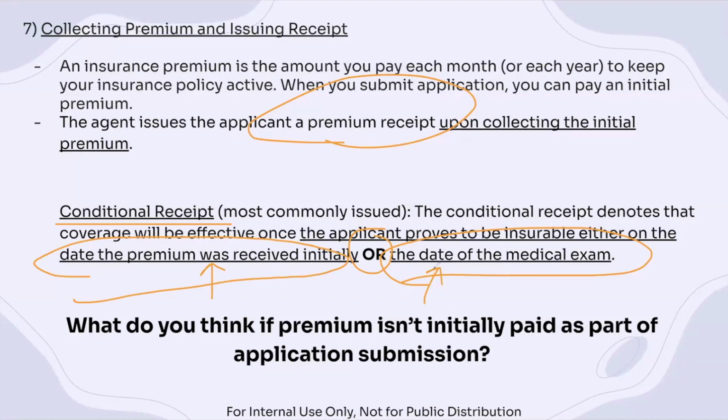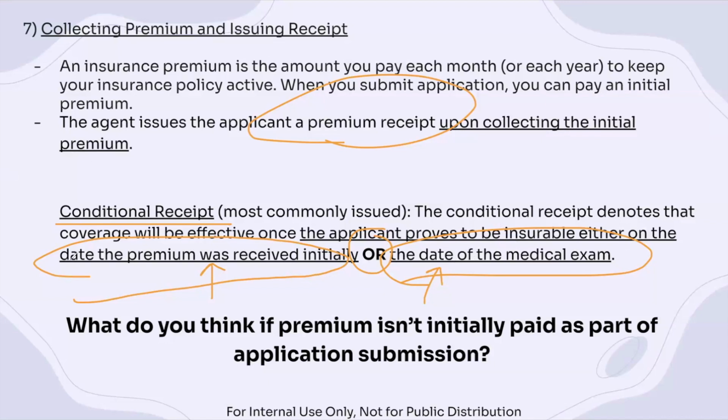Well, this basically denotes that sometimes a medical exam is required. And with a medical exam, sometimes there might be blood drawn. It might be a urine test. And so if that is required, then the coverage will be effective on the day of the medical exam.